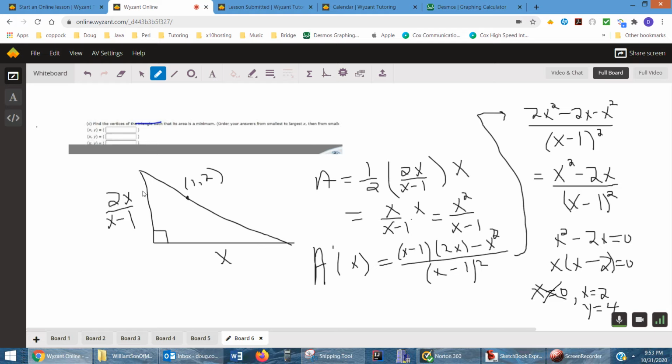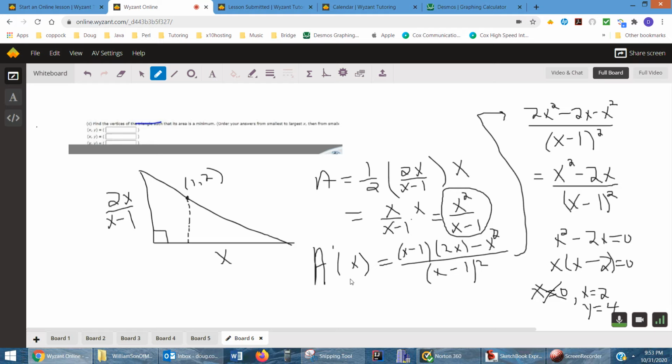This is still 2x over x minus 1, which we found by creating similar triangles. And the area of a triangle is 1/2 the base times the height, or 1/2 the height times the base. So here's a formula for the area of this triangle, depending on x.